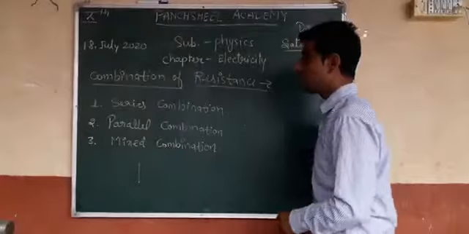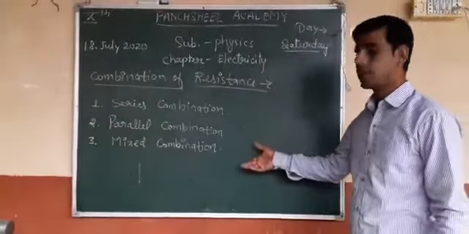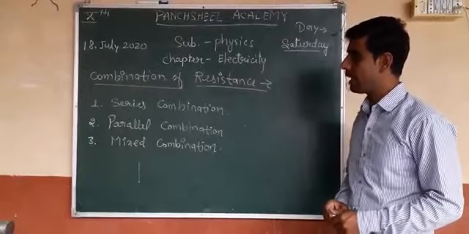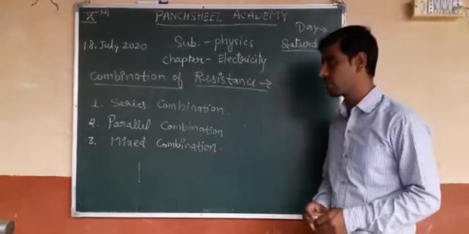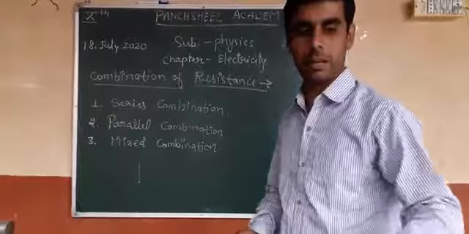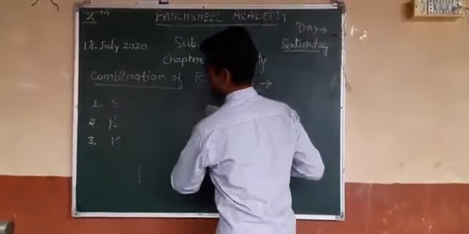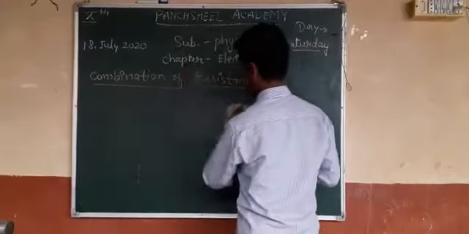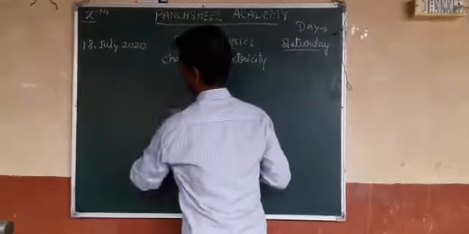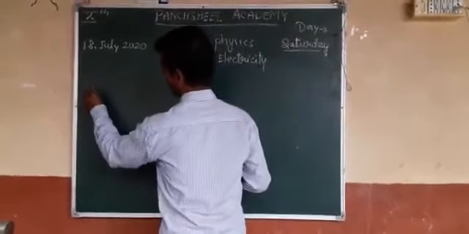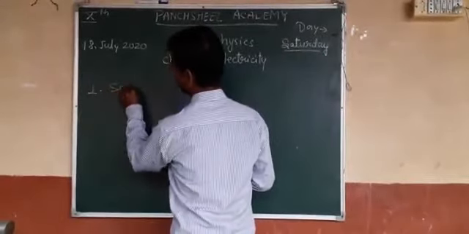So there are three combinations of resistances: series, parallel, and mixed. One by one we will study. First is series combination, and what are the conditions for series combination? So I take the series combination first.